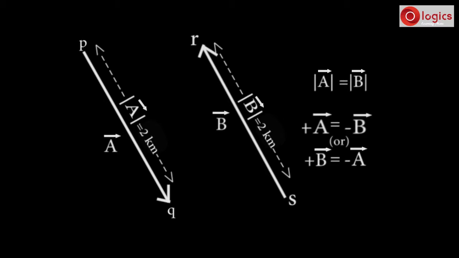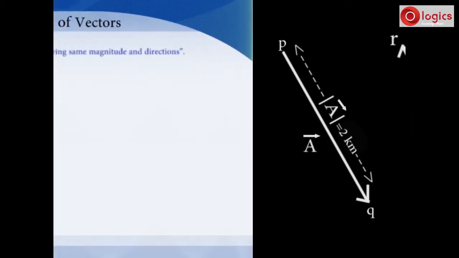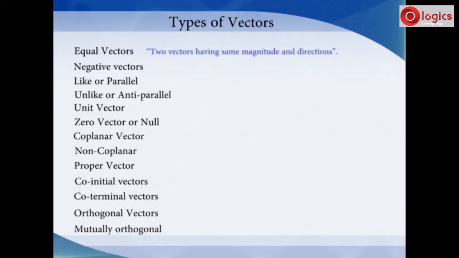Two vectors having same magnitude but opposite direction are said to be negative vector of one another.